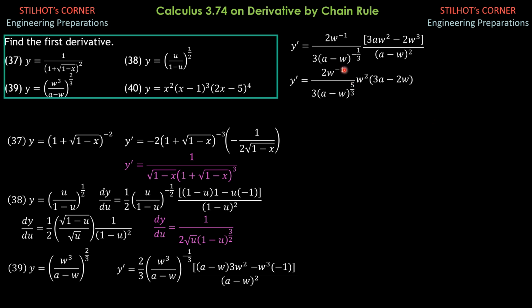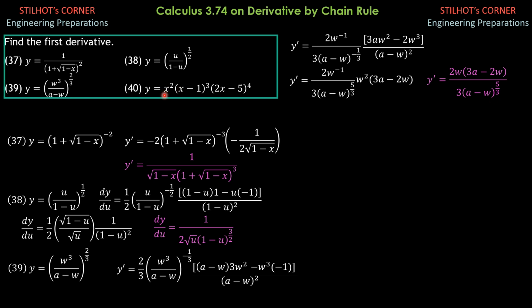So w to the negative 1 times w squared is w to the 1, or simply w. So the final answer: y prime is 2w times 3a minus 2w over 3 times quantity a minus w to the 5/3.